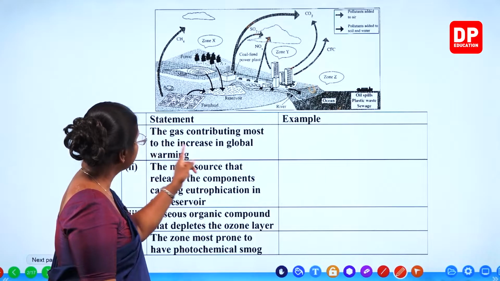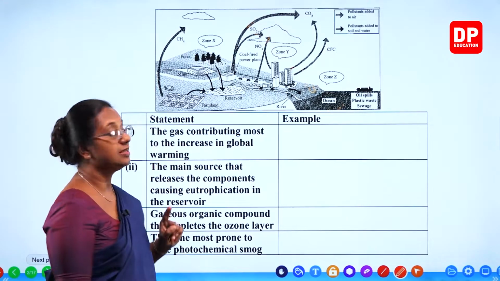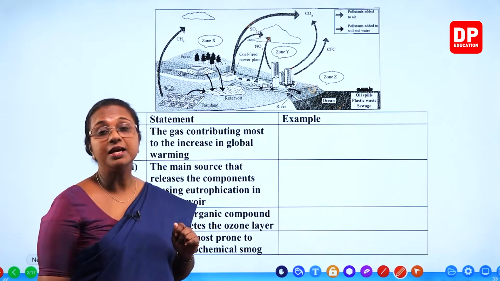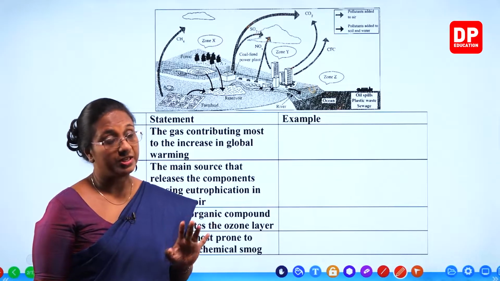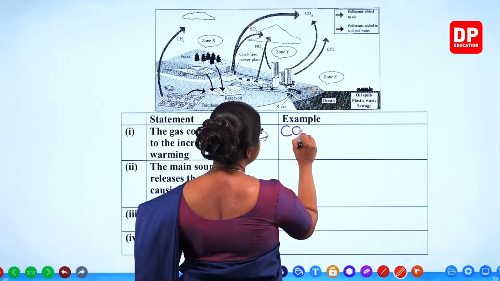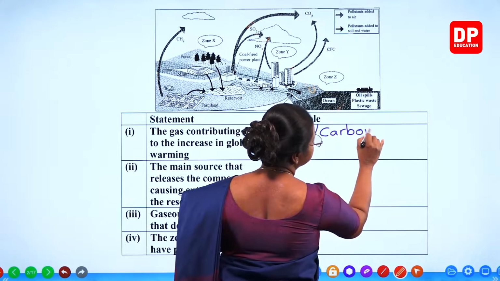But here the question, the gas contributing most to the increase in global warming. Mainly it is carbon dioxide. So that is what you need to write here. Mostly it's carbon dioxide, CO2. We can write CO2 or you can write carbon dioxide.